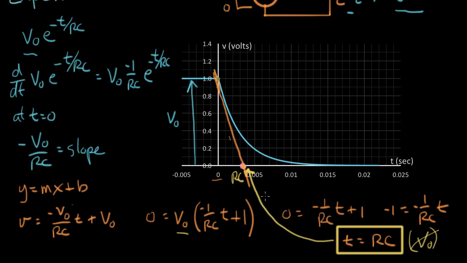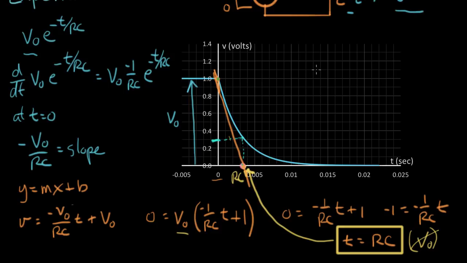And one more thing we want to work out is at time equals RC, what is the value of the exponential? What is this voltage here when time equals RC? So we can use our equation again. We can plug into our equation and find out how to do that.